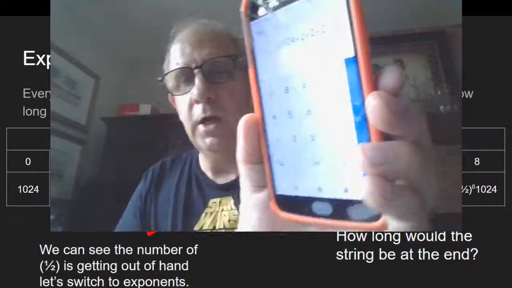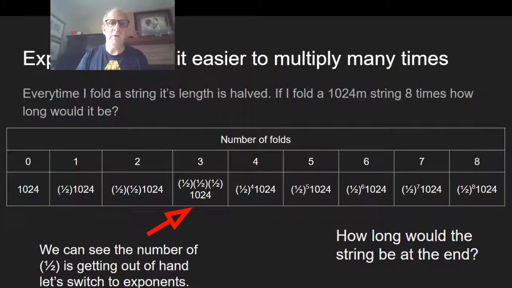Okay, but if I want to get to the 8th one, I'm running out of room for halves here, so I'm using my exponential notation. So this I'm dividing by 1/2 or multiplying by 1/2 3 times, now 4 times, 5 times, 6 times, 7 times, 8 times.